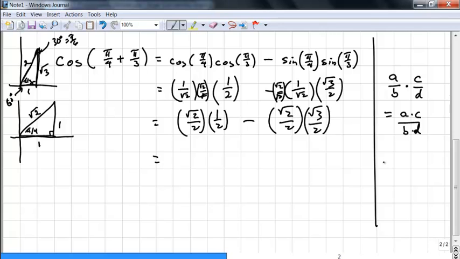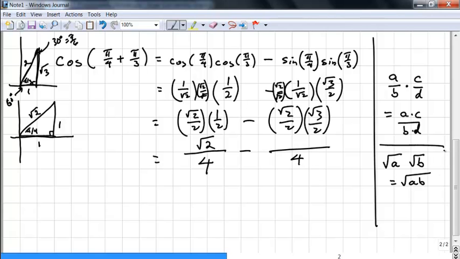The other thing is, if you have the square root of A times the square root of B, you get square root of A times B. So we're going to use those properties. So here we're going to multiply the denominators. 2 times 2 is 4. 1 times square root of 2 is square root of 2. Here we're going to multiply the denominators. 2 times 2 is 4. Square root of 2 times square root of 3, we're going to use this property down here, and it's going to be the square root of 2 times 3, or square root of 6.